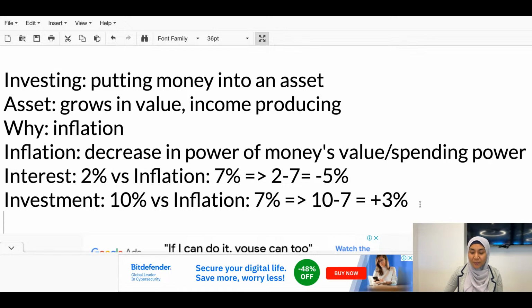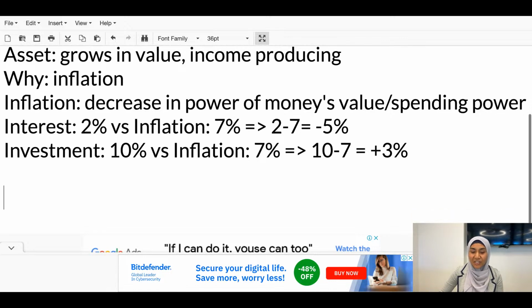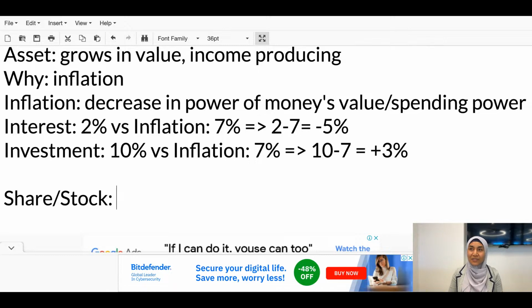So now I want to talk about some terms that you'll hear when it comes to investing. The first one is share, or sometimes if you're American, you would understand this as a stock. To explain what this is, let's look at the example of a really, really successful business.